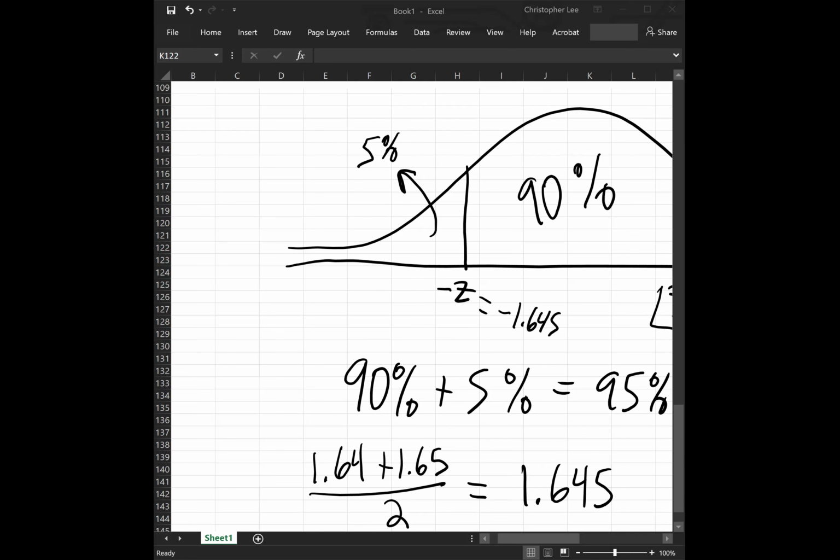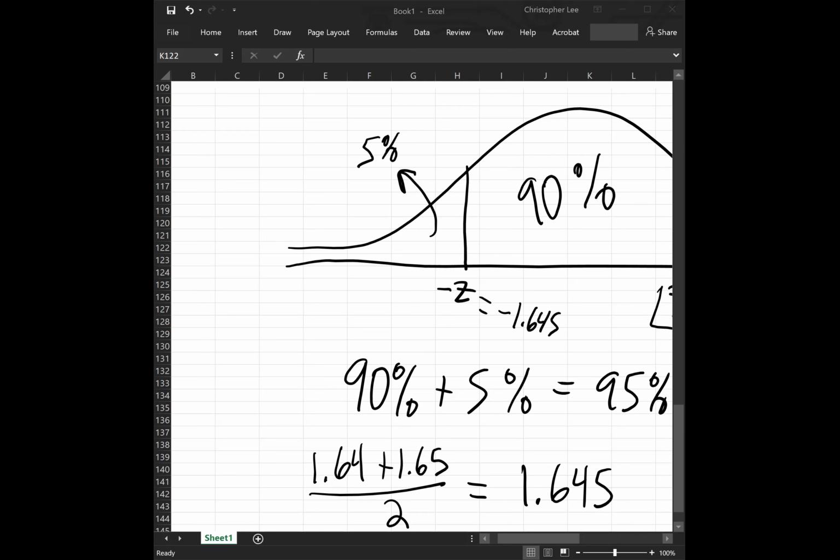So if you go to distribution, there's something called inverse normal. Your calculator has it too, right? Remember how you do it? You do second, and then you go to distribution.